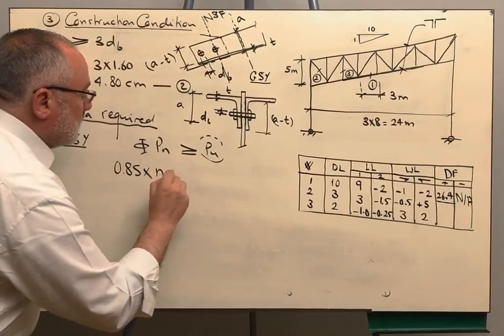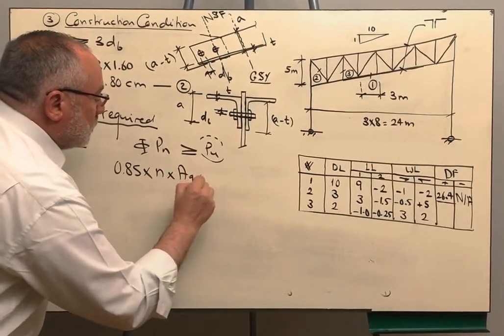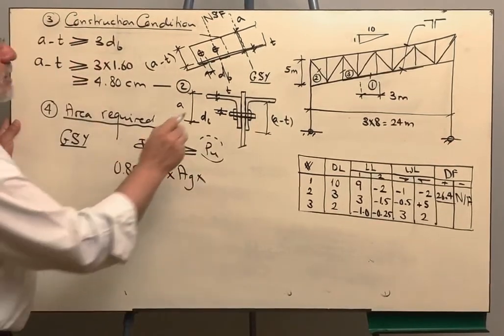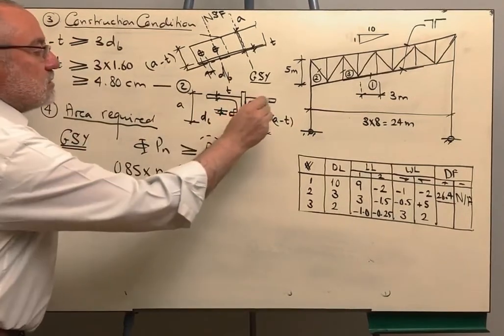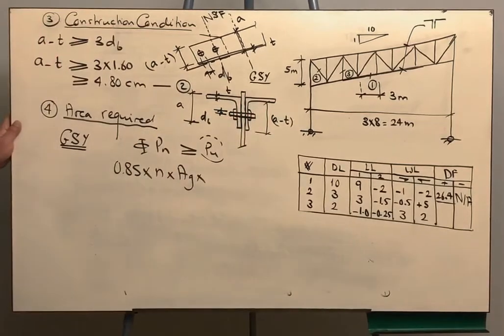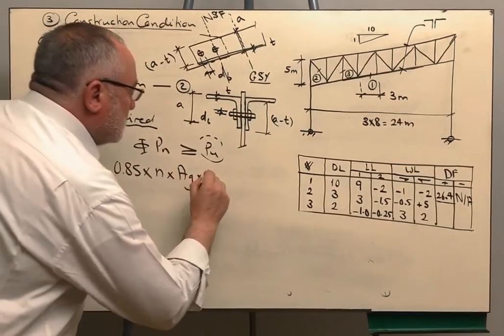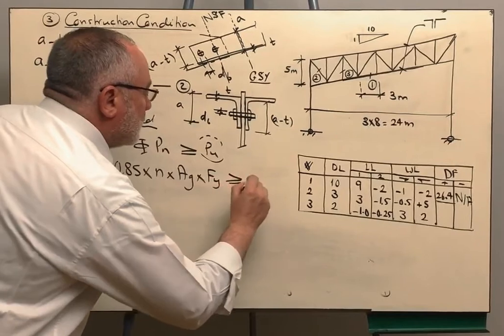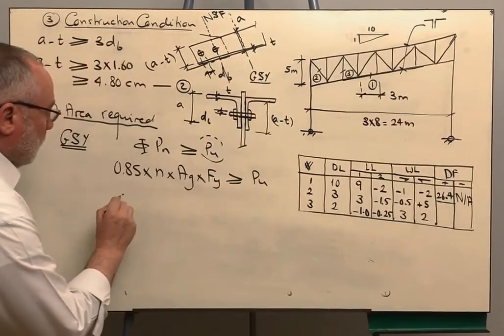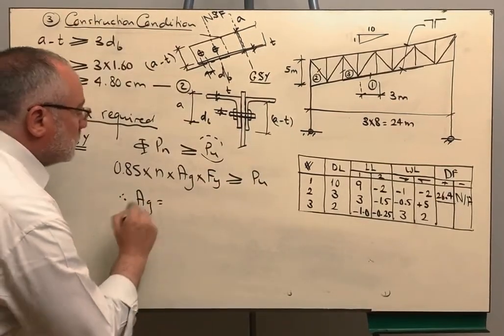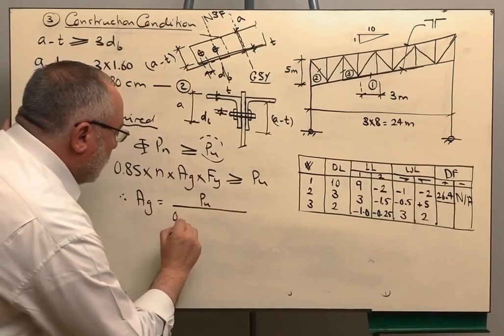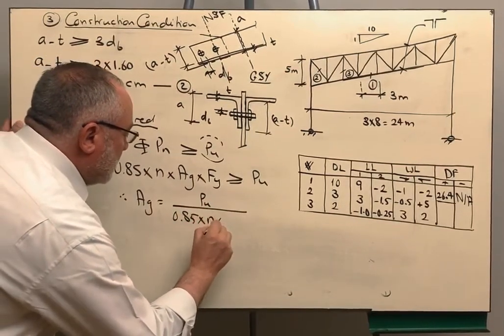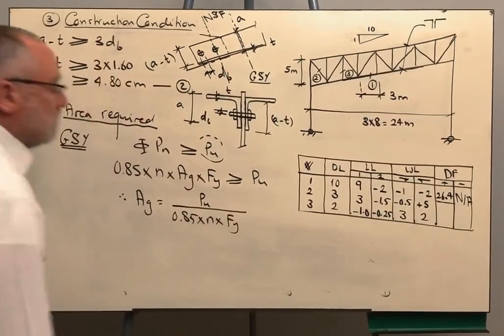Then it is N multiplied by area gross multiplied by the yield stress, because this limit state is yielding. So we assume that the section reached the yield stress. So N times area gross times F yield is bigger than or equal to P ultimate. From there, area gross will be equal to P ultimate over 0.85 times N times F yield.